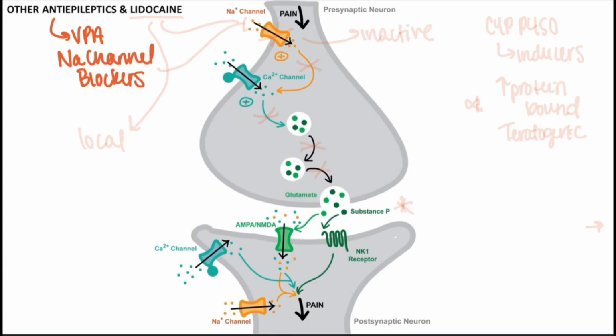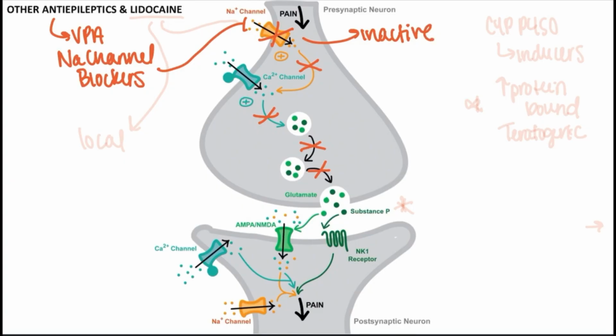And this is because these sodium channel blocking AEDs bind and inhibit these voltage-gated sodium channels that are essential for this propagation of action potentials down the axons to reach those presynaptic terminals to start that calcium influx and that further propagation. So these agents specifically lock these sodium channels in their inactive state so that their recovery is delayed. So without these channels functioning, we lose the inappropriate pain signal propagation.